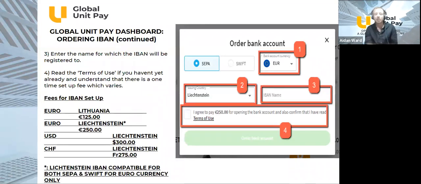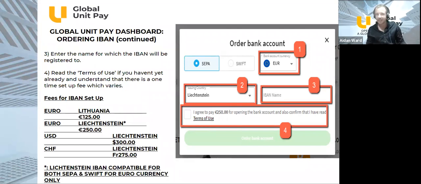And then, of course, just note the fees. The fee for the IBAN setup for a SEPA account in Lithuania is 125 euros. The next question you're probably going to ask is, well, hang on, why is Liechtenstein 250 euros and Lithuania is 125 euros? Well, that's because the Liechtenstein bank account doubles up for the SEPA transfers as well as the SWIFT transfers.